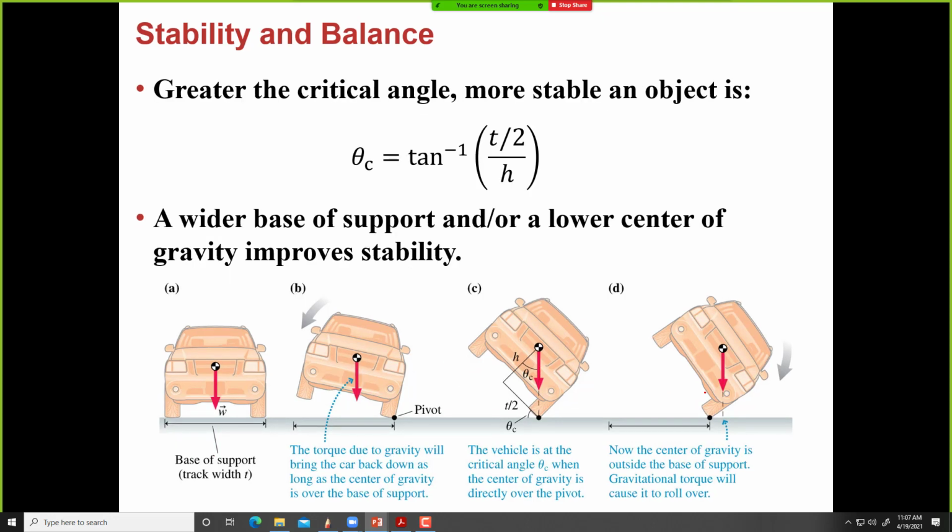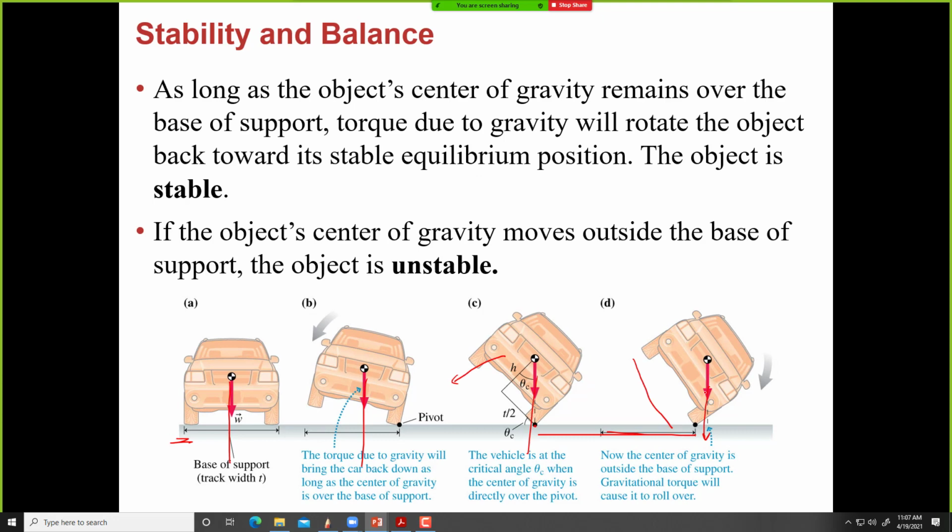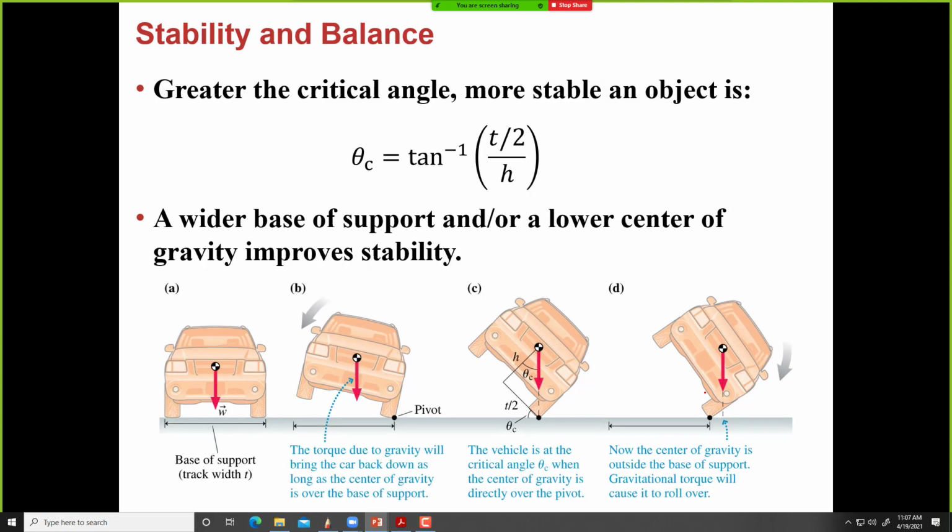Okay. So how do we increase the stability of a vehicle? We can increase the stability of the vehicle by increasing the critical angle. Okay. Greater the critical angle, more stable a vehicle is. So we need to increase that. And how do we increase that? To increase that, we need to increase this right-hand side.